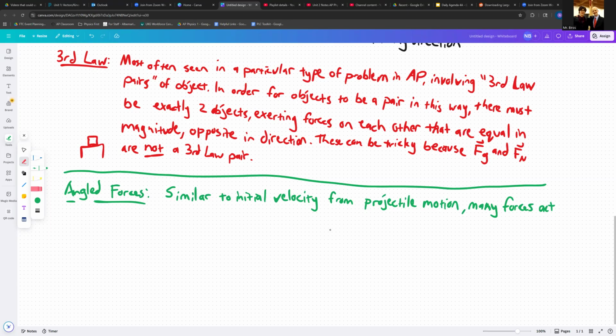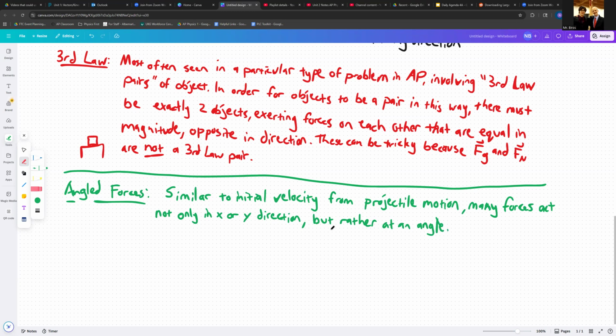Many forces act not only in the x or y direction, but instead at an angle. We're going to look at those in just a second.